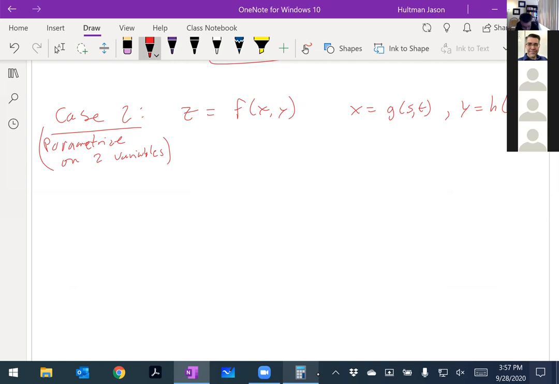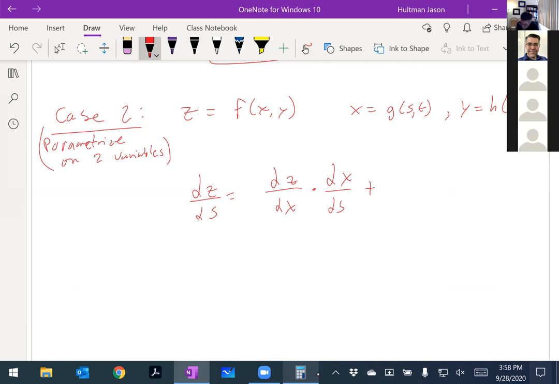So for this one, we can only take partials here. The partial of z with respect to s, our first variable, is equal to the partial of z with respect to x, times the partial of x with respect to s, plus, now there's two parts to this. z has a part of x, which is of s and t, but it also has y, of s and t.